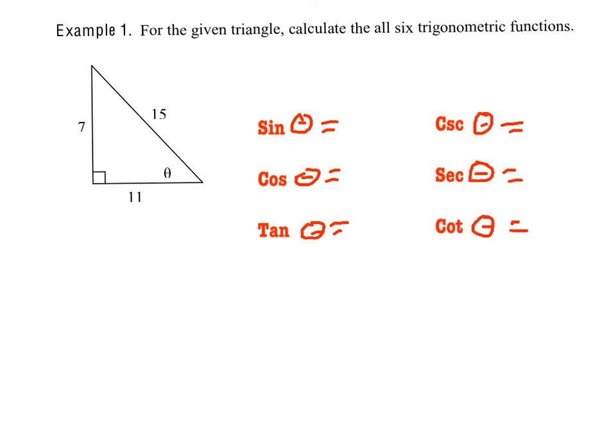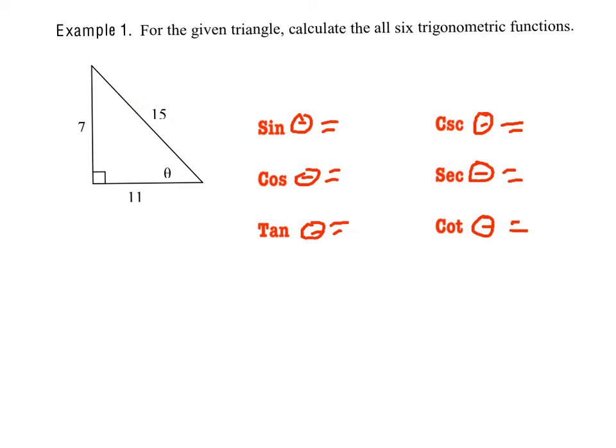Alright, let's go ahead and look at the first example. It's asking for the given triangle, calculate all 6 trig functions. So we are going to use the definitions that we just copied down in the table. So if I'm working from theta, so I'm working from this bottom right angle, the sine function is going to be opposite over hypotenuse.